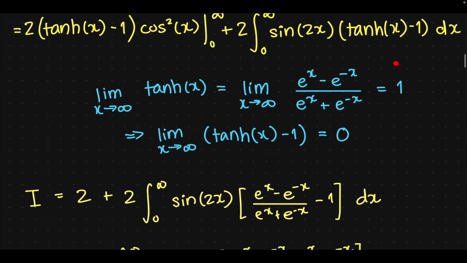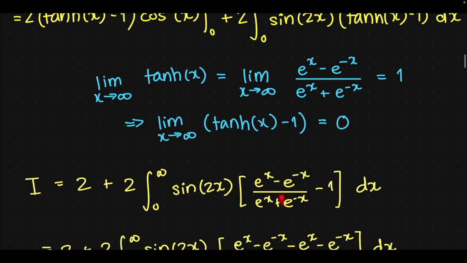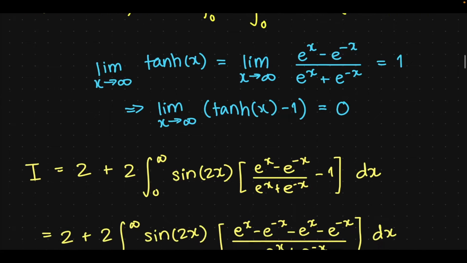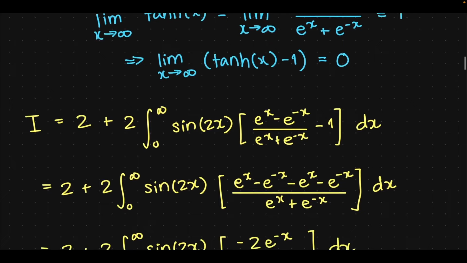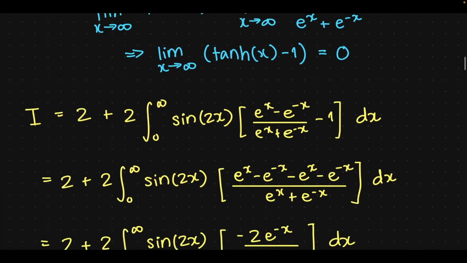Now here's where the insight comes into play, because tanh x minus 1 can be expressed as e to the x minus e to the minus x divided by e to the x plus e to the minus x, minus 1, using the definition of sinh over cosh and expanding their exponentials, dx. Now here's where the simplification is going to happen.